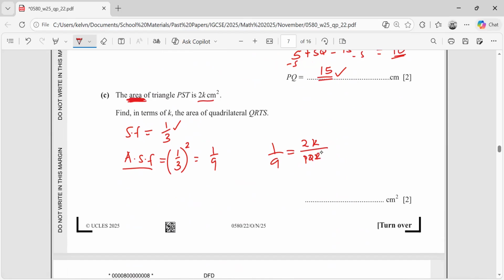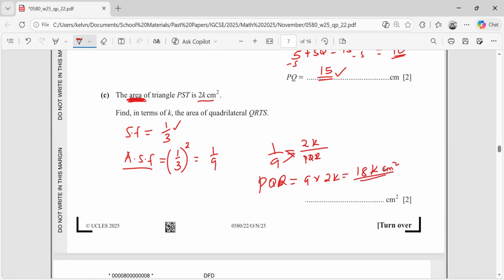So if I cross multiply, I get area of PQR equals 9 times 2K, which gives me 18K centimeters squared.